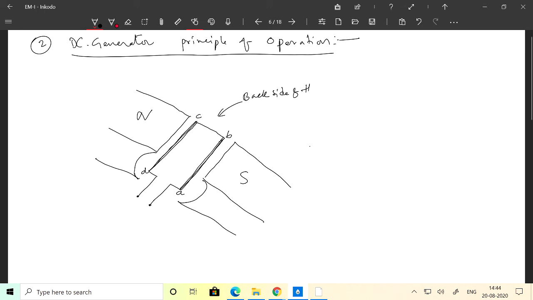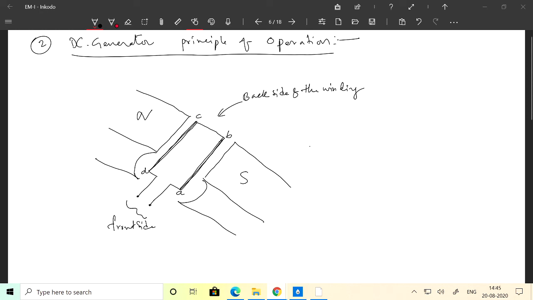And this is the front side. These two sides AB and CD are the two sides which are actually cutting the flux.